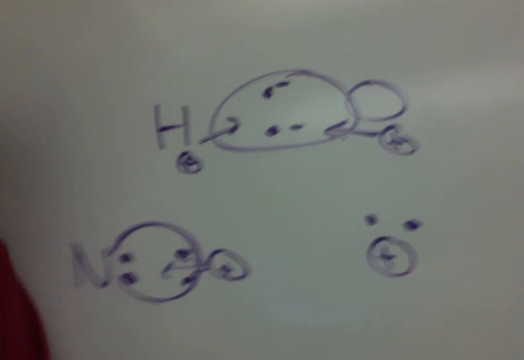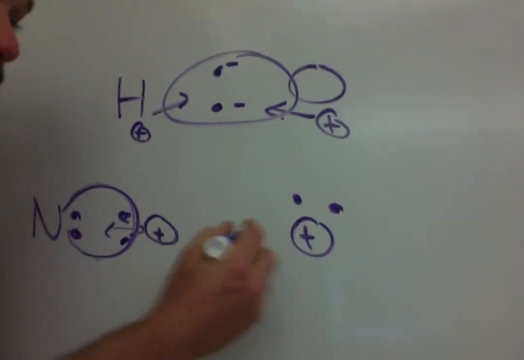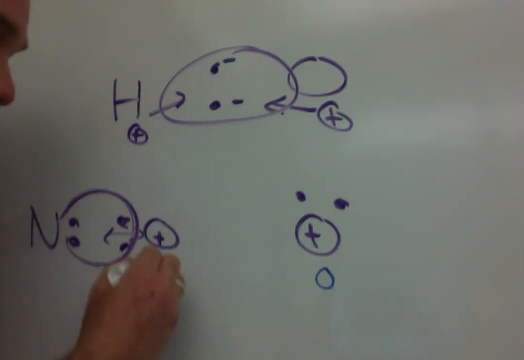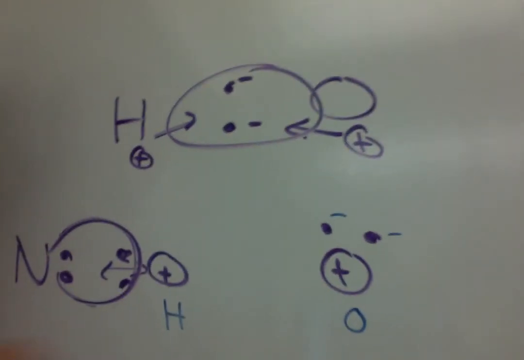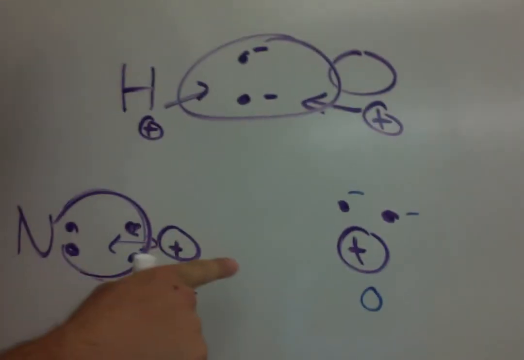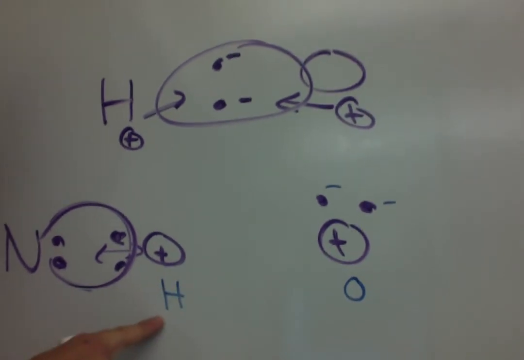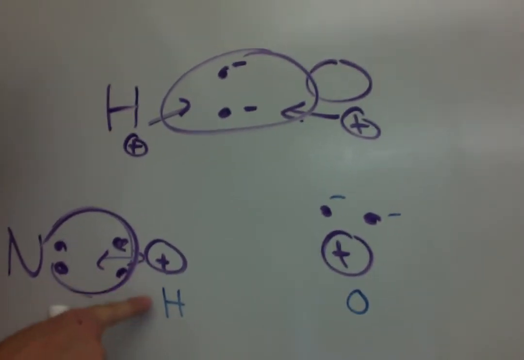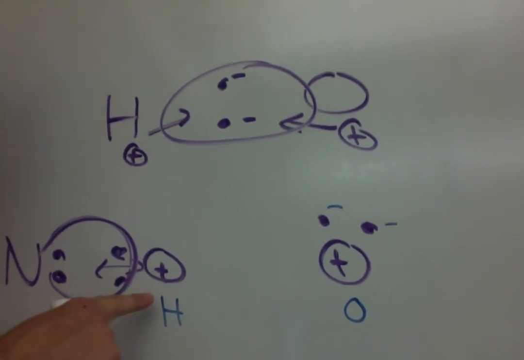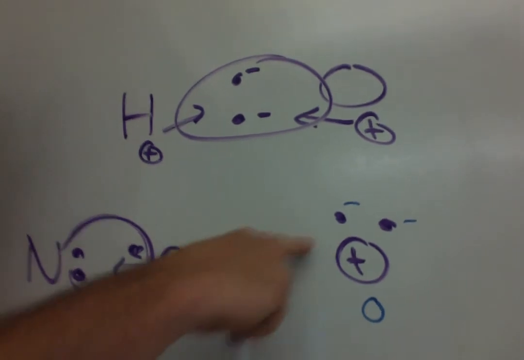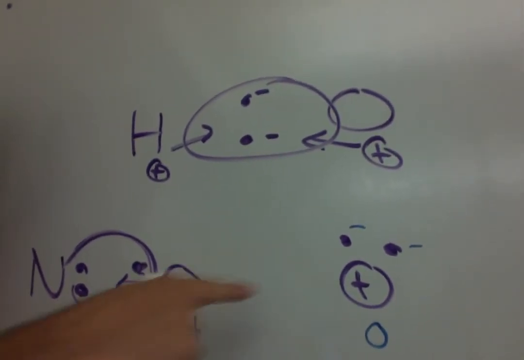But through random distribution, those negative electrons are occasionally going to be more around the oxygen than around the hydrogen. Because hydrogen has no other electrons around it, it's going to end up being very positive. And now there's no force of attraction between the hydrogen and the oxygen.